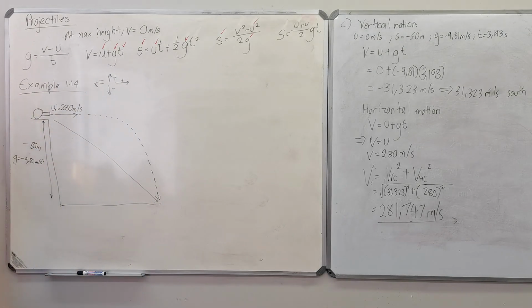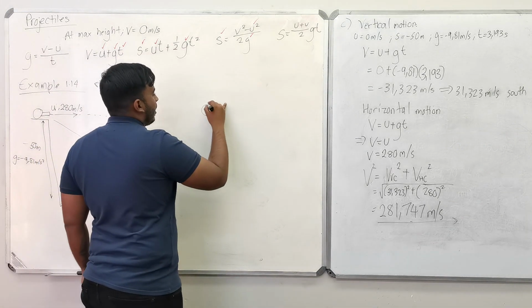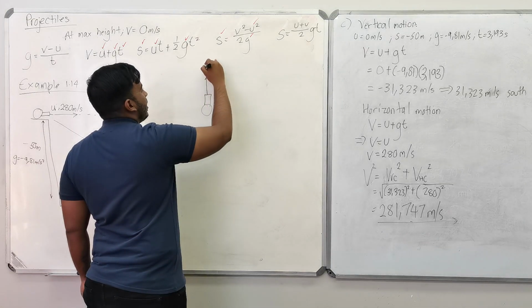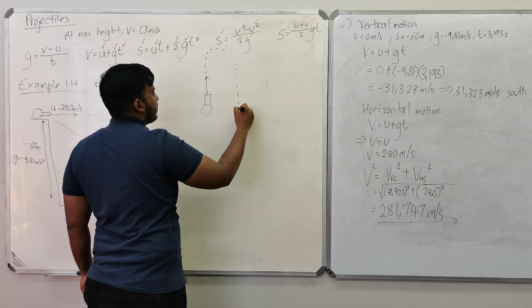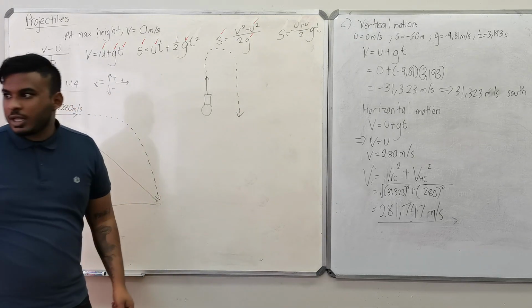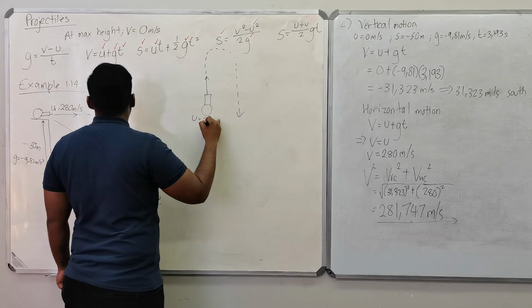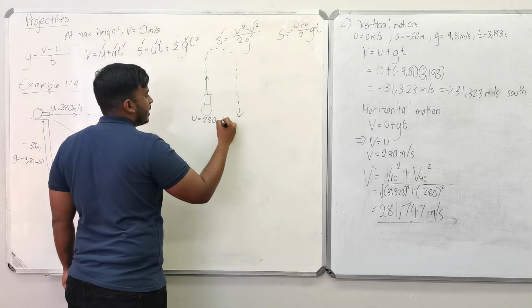Okay, so the question here now changes to the velocity of the shell after 50 meters if the cannon is fired vertically upwards. So now this cannon is firing the shell vertically upwards. The initial velocity will be 280 meters per second.